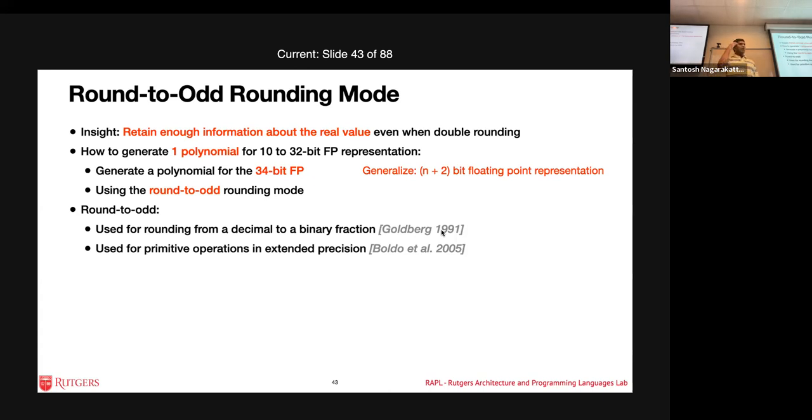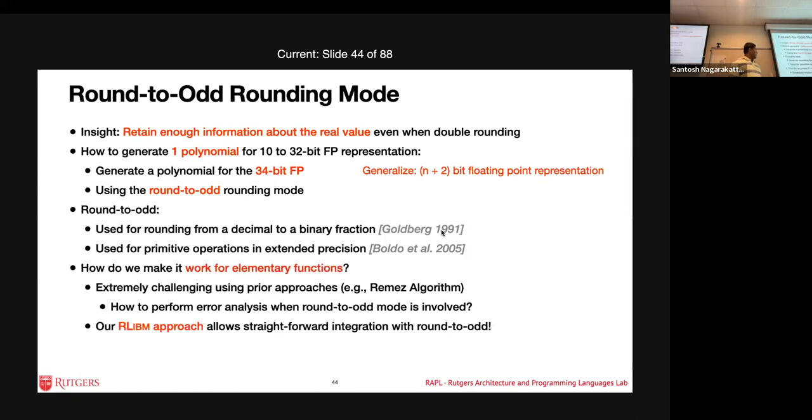But no one had thought of it in the context of elementary functions or creating math libraries. Why? Because they were obsessed with approximating real values, not the correctly rounded result. As a result, rounding mode was not even their focus. So our key contribution is putting round to odd in the spotlight and using it in the context of correctly rounded math libraries.